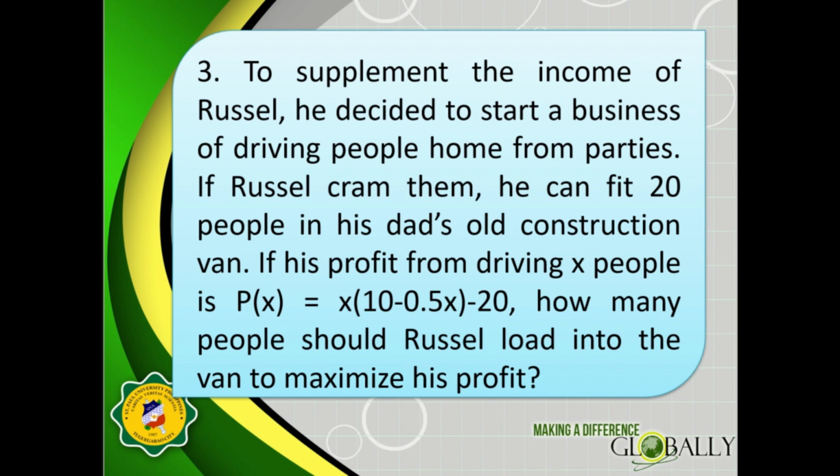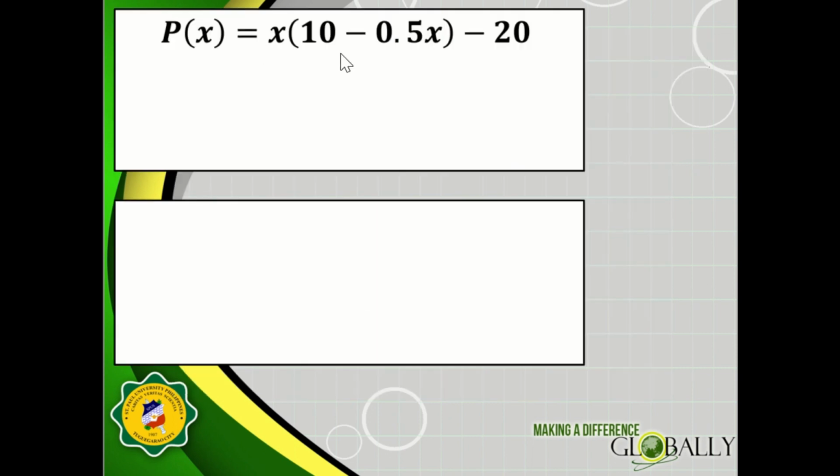So let's rewrite the equation here. And then by distributing this x, we obtain 10x minus 0.5x squared minus 20. To find the interval, the minimum number of people he can have is 0, and 0 serves as the lower bound, right?